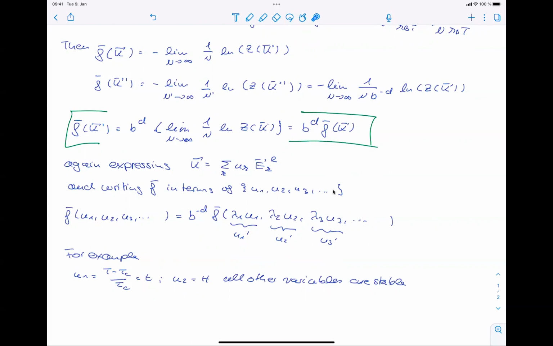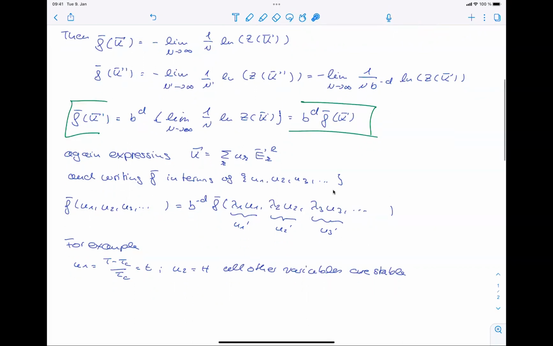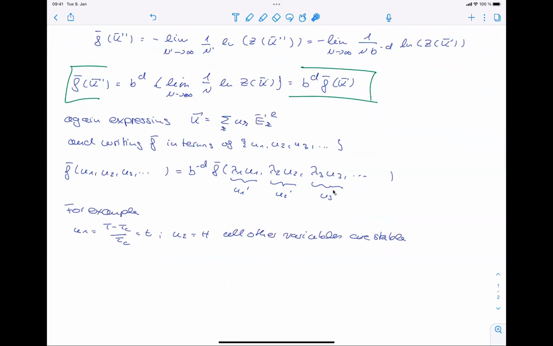It's just basically renaming here. That also improves readability, obviously. So now expressing it this way, I can rewrite the above equation as a function of T, H, and other variables that I don't care about, beta minus D. And now I call this lambda T times T, lambda H times H, and variables I don't care about.